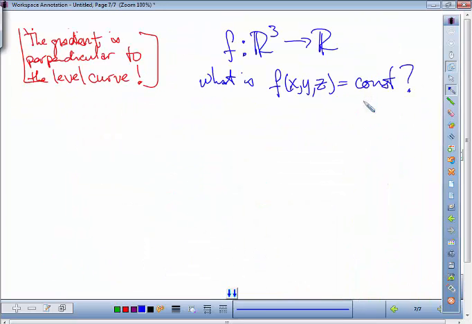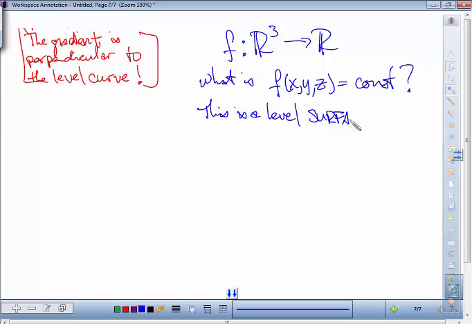And if you have something in 3 dimensions, it's a level surface. If I take some random equation that has an x and a y and a z in it, I set that equal to a constant and I put it in my graphing calculator program, it'll draw me a surface of something. Okay, so it's a level surface.